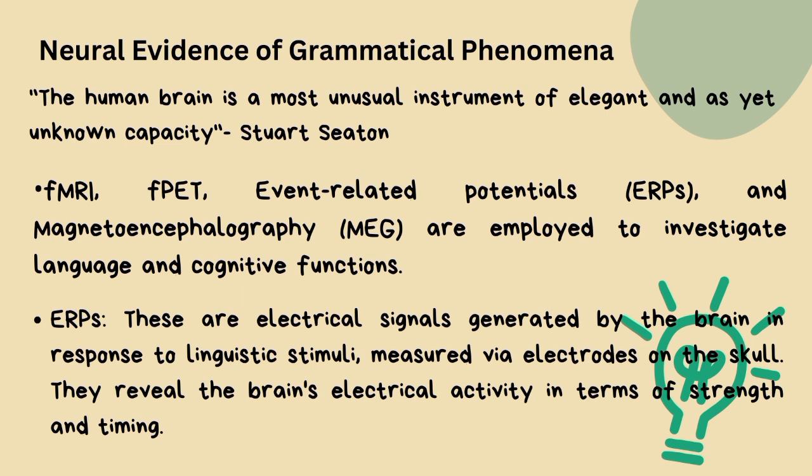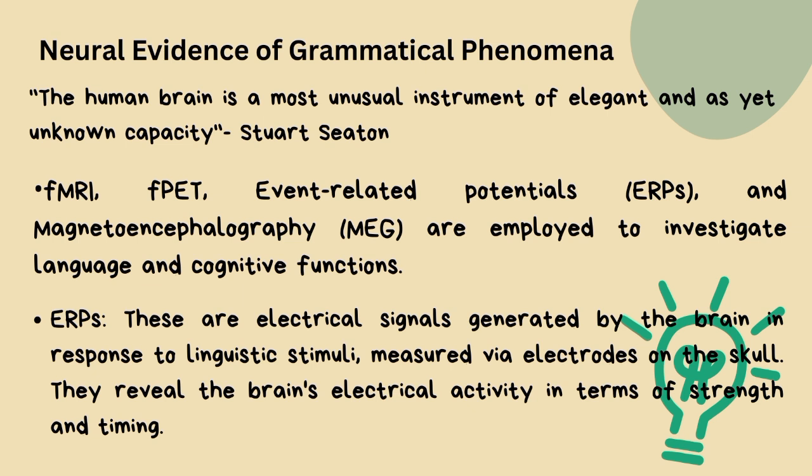ERP refers to brain activity that happens in response to specific events, like hearing a word or seeing something. When the brain processes information, it creates tiny electrical signals. Scientists measure these signals using electrodes placed on the scalp.